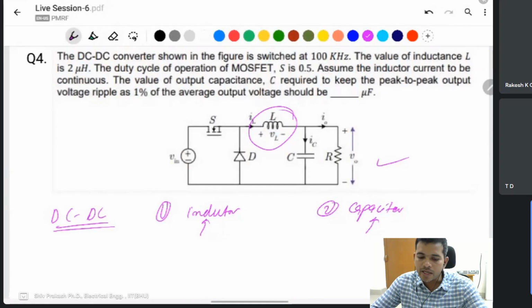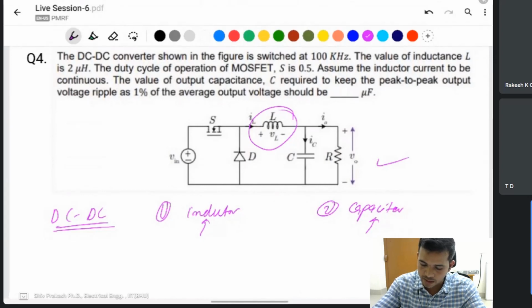Flux balance and charge balance are the most important things in a DC-DC converter. Flux balance comes in the inductor and charge balance comes in the capacitor. Flux balance means how much flux we charge the inductor with in the on time period, it should be released as energy in the off time period.